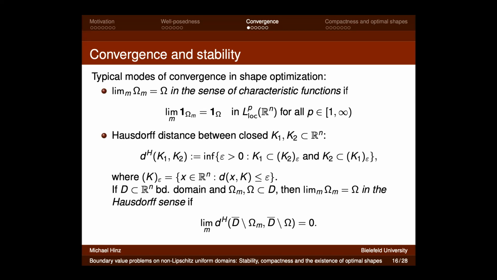This is a very typical way to measure distance between two different domains in shape optimization. So a priori it is defined for closed sets. We choose a bounded confinement containing omega n and omega, and we say omega n converges to omega in the Hausdorff sense if these closed sets converge. So we look at, roughly speaking, the complements in the confinement.